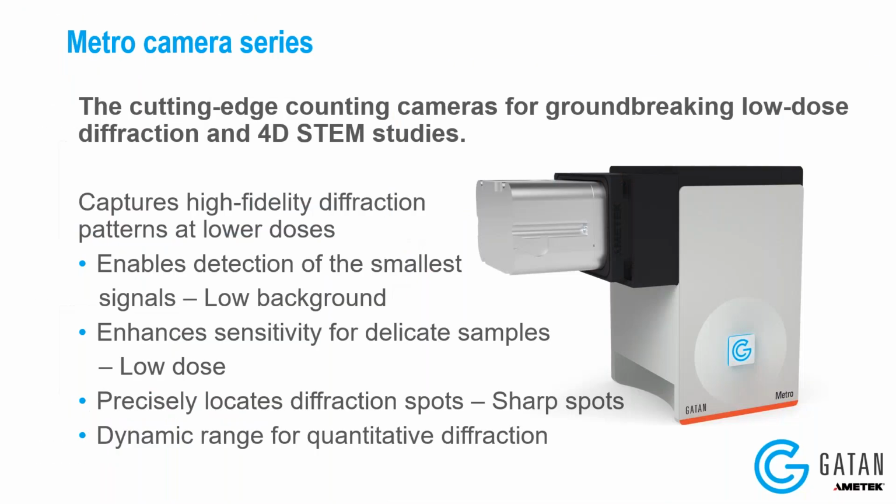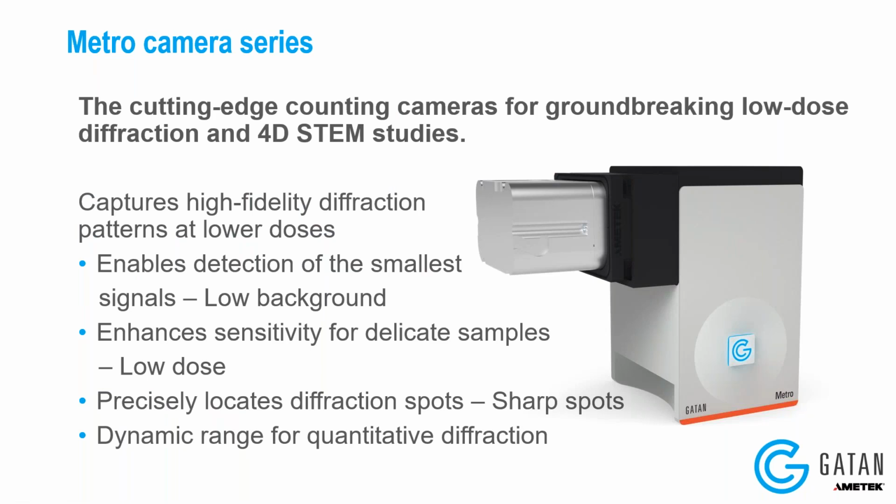So in this first section, I want to talk more about how the Metro can do this, how we can capture high fidelity diffraction patterns, and some of the ways that we can think about the performance of the camera. So I'll talk about how we can detect the smallest signals because of the low background and how counting contributes to that.